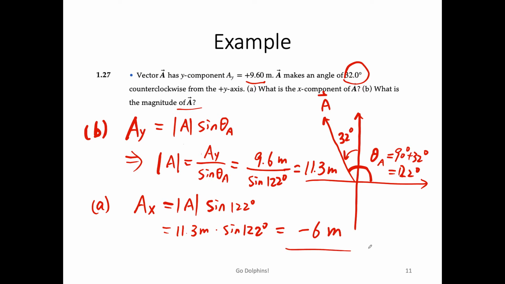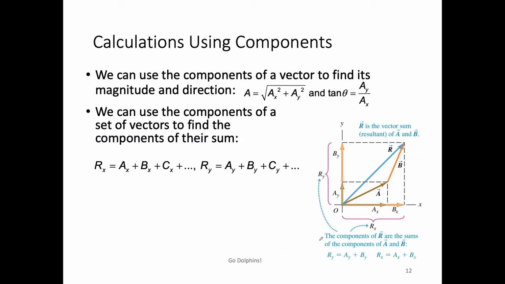See, you use these two equations, and you just use the angle of the vector from 0 to where the vector is, and you always get the correct sign for the components. So this is why this is the recommended procedure.